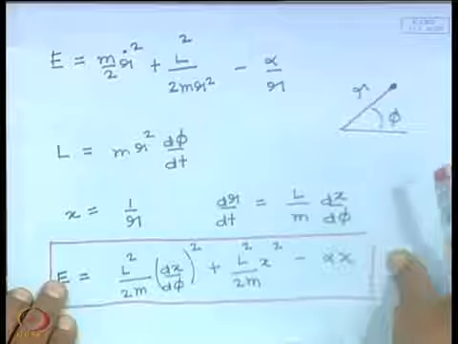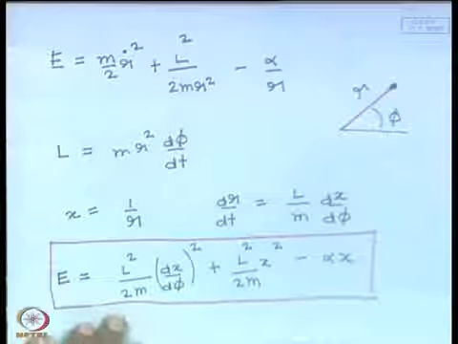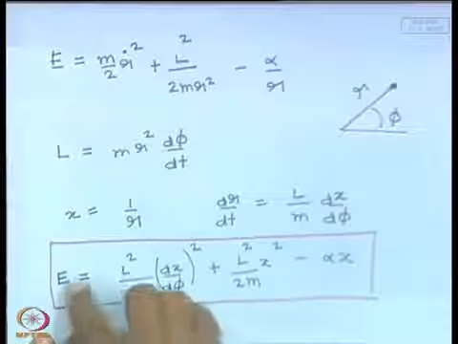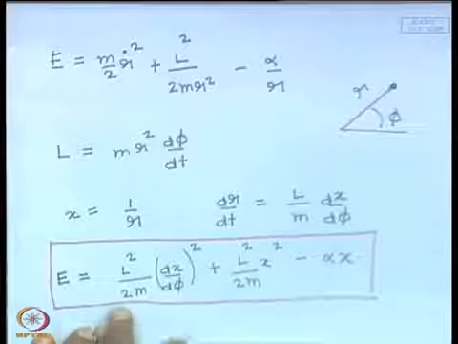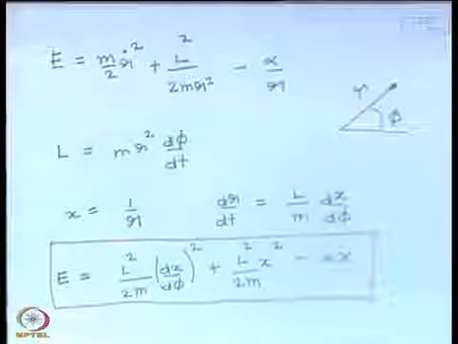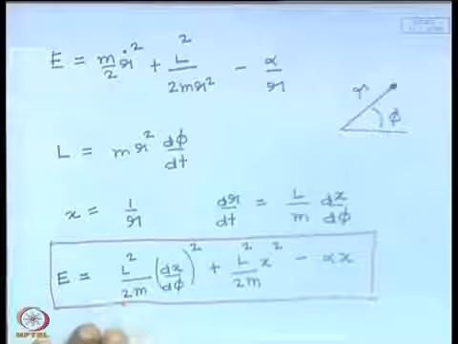Okay, let me just write down this equation in a convenient way. What we will do is multiply this whole equation by 2m by L squared.